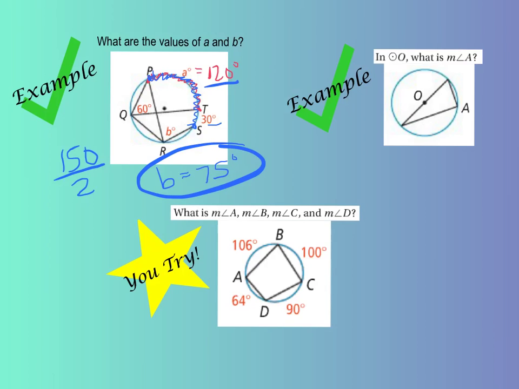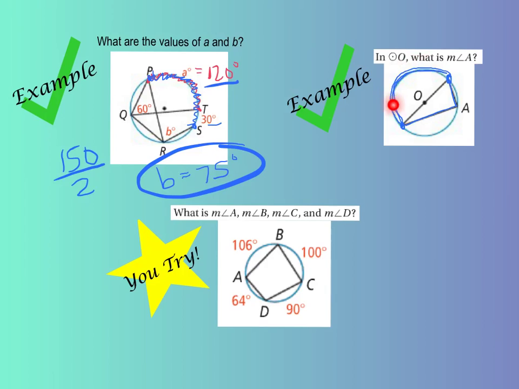Now in example 2, it says in circle O, what is the measure of angle A? Well, here's angle A. Here's the ends of my rays that make up that angle. And this entire arc is the intercepted arc. This is a diameter. So a diameter cuts the circle in half, meaning that out of the whole 360 degrees, this must be half of that, 180 degrees.